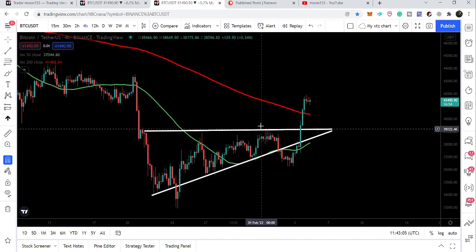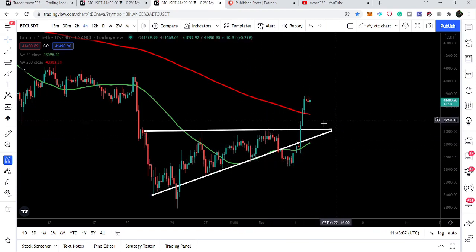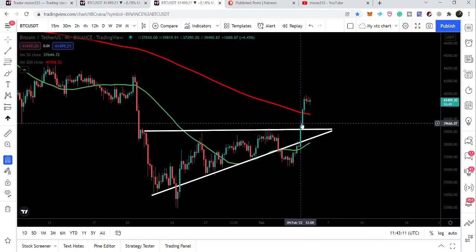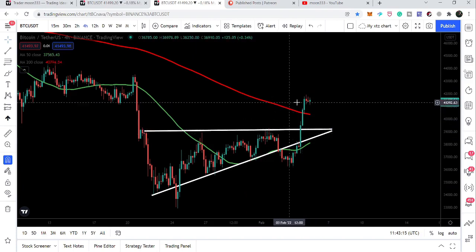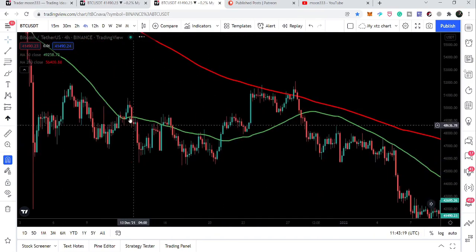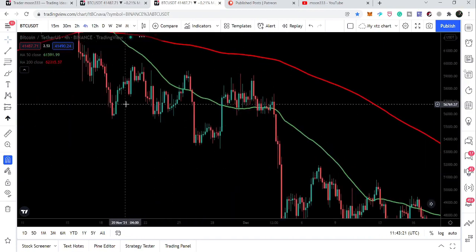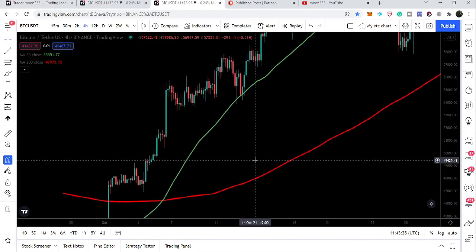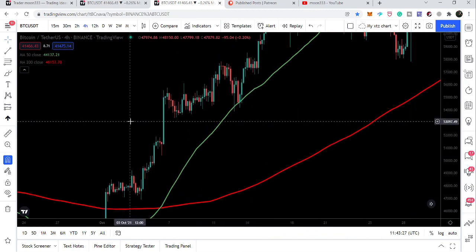Now I am waiting for the 50 simple moving average to cross up the 200 simple moving average. You can see that both moving averages are moving towards each other, and soon we can expect this bull cross or golden cross. Previously, whenever we received this golden cross on this 4 hourly time frame, even on a very small time frame, it changed the trend from down to uptrend.